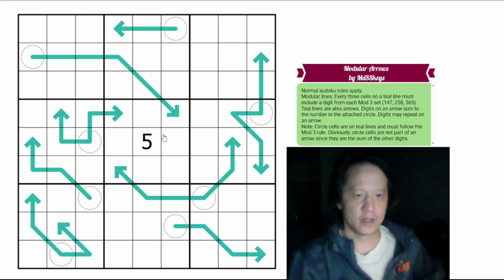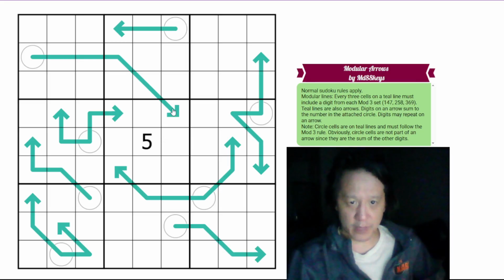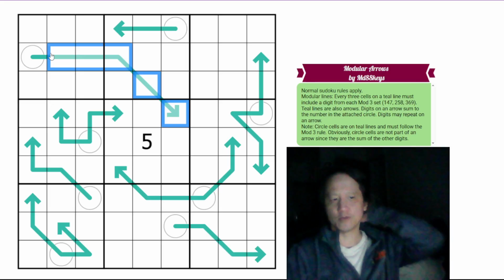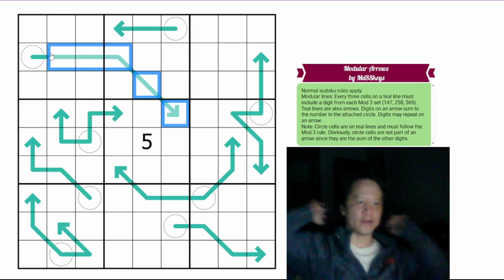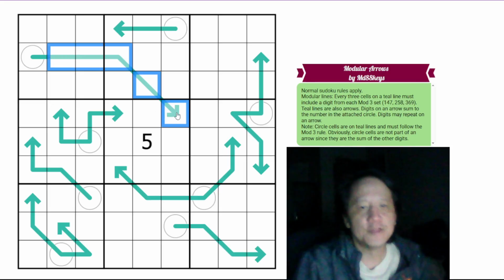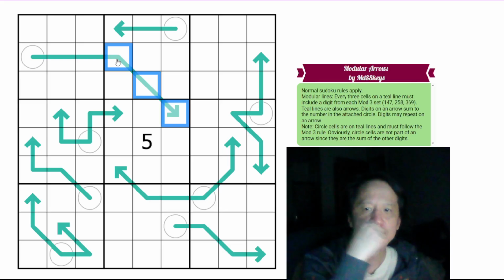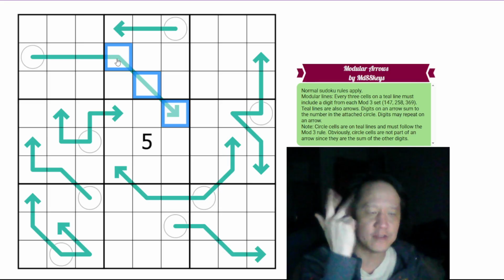Okay. The one thing that stands out to me is this long line here. Anytime you have an arrow with a very long line, that's usually very constrained. These 3 digits, again, must include a digit each from 147, 258, and 369.